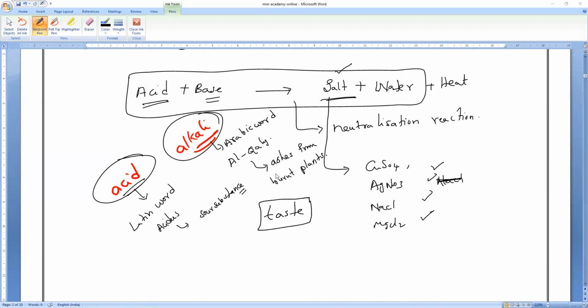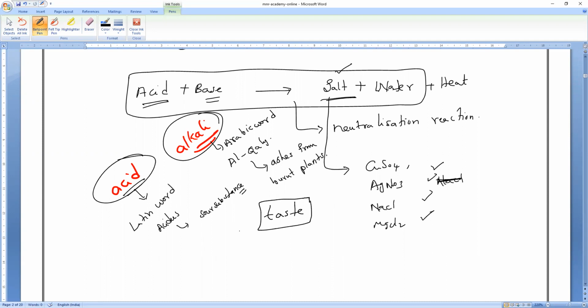No, sir. We cannot taste every substance that comes across in our life, because it is not at all advisable. Some chemical substances may be poisonous and extremely dangerous to our body.